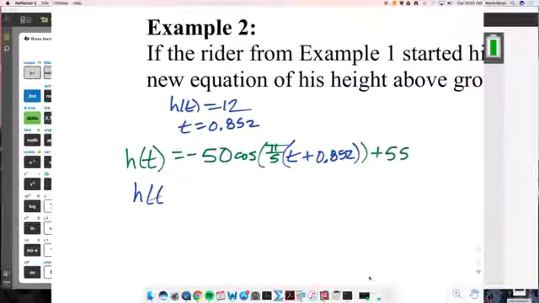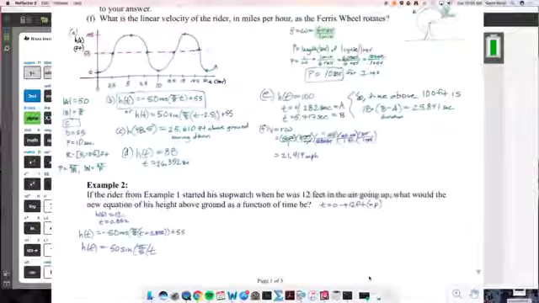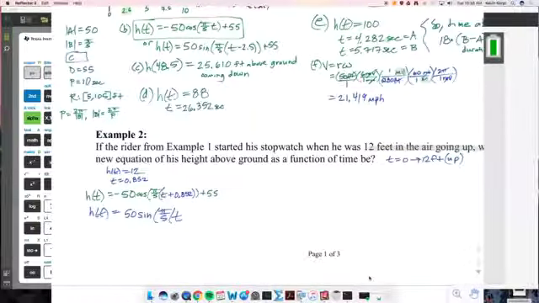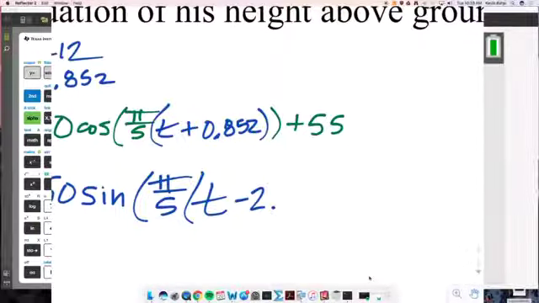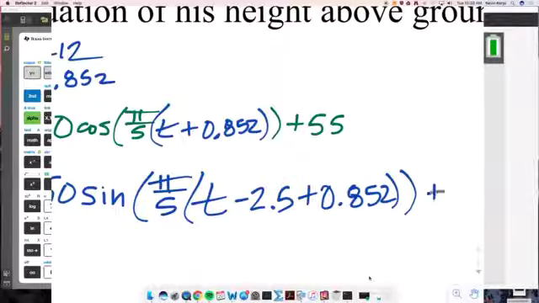Now if you had used the positive sign and you already had a C value, no problem. When we used positive sign, it was t minus 2.5. Just go t minus 2.5 and again add 0.852 to your old C value, and then you can get a new one.